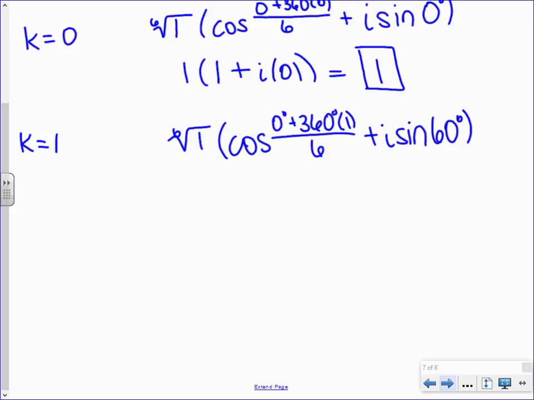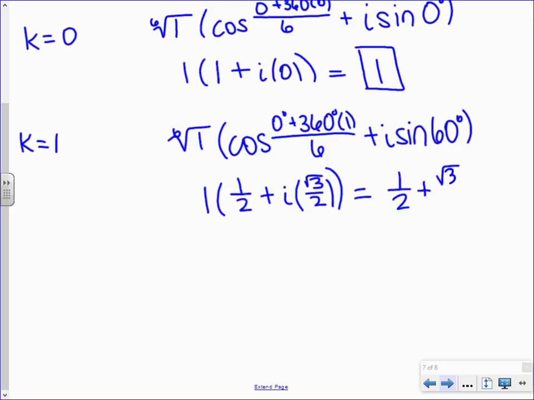So we have the 6th root of 1 is 1. The cosine of 60 is 1/2. The sine of 60 is radical 3 over 2. So when we distribute the 1 through, we get 1/2 plus radical 3 over 2i.